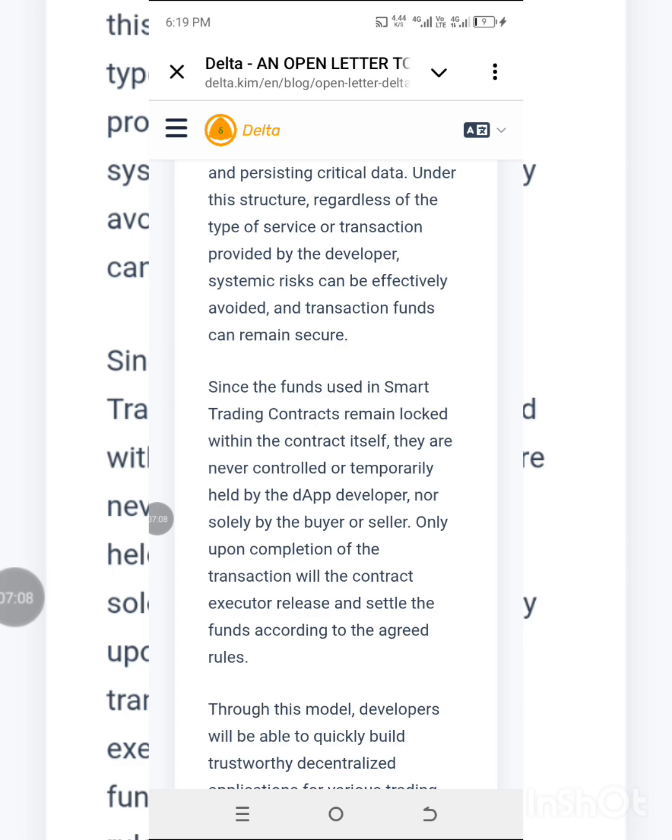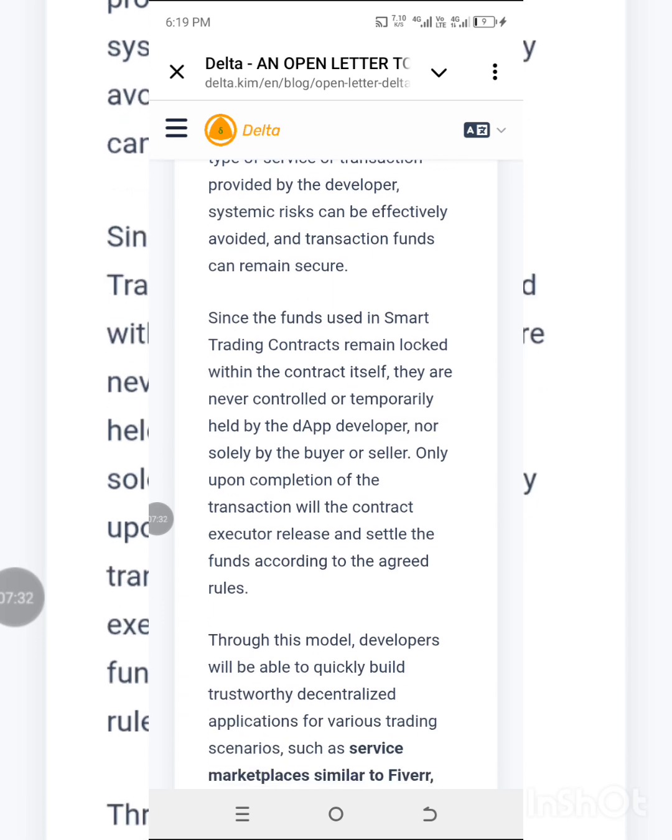Within that, there's always a time limit. Do you get? So if the person did not drop the naira that I requested, it will bounce back due to the smart contract. That's what makes it a smart trading contract. I hope you all get it. But it doesn't necessarily have to be naira. It might be a product, it might be a service or something. So that's how it is. That's what they are trying to explain here.